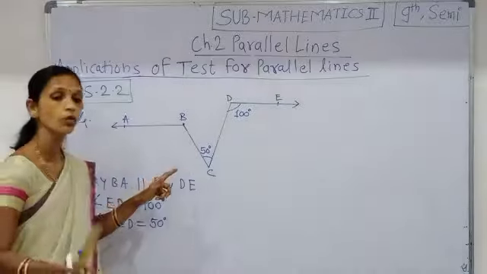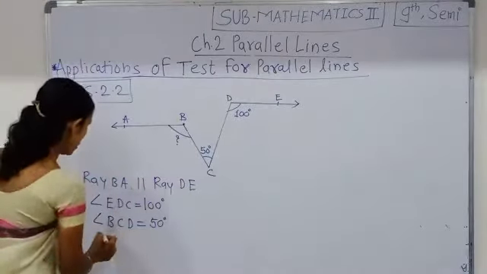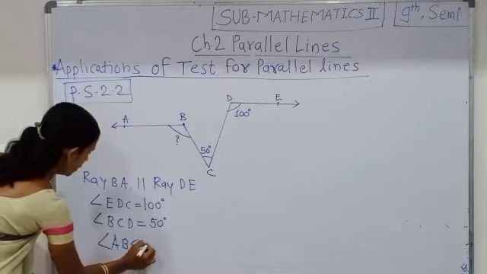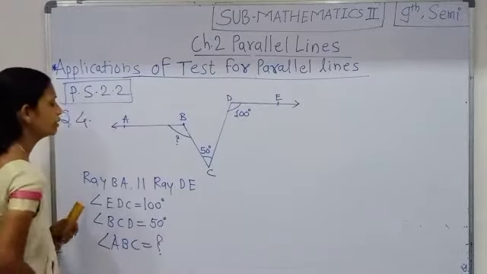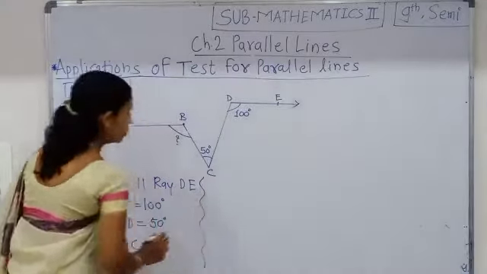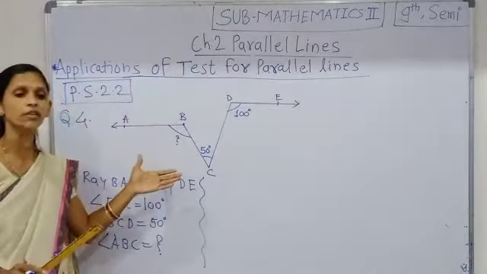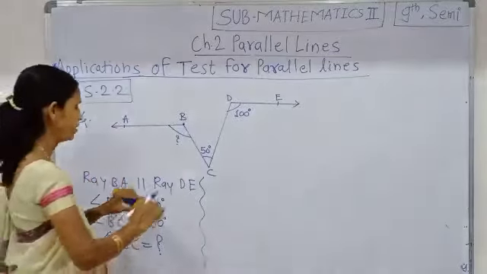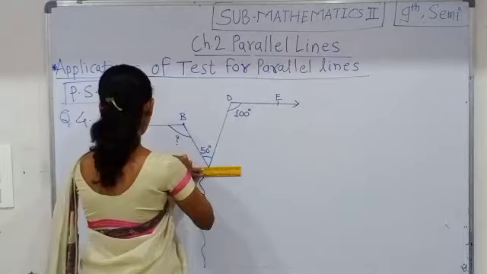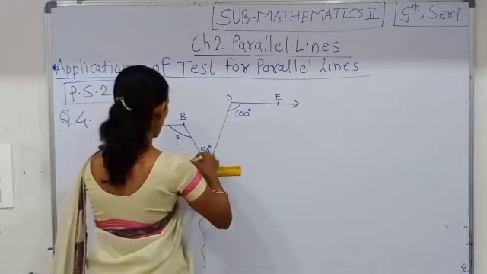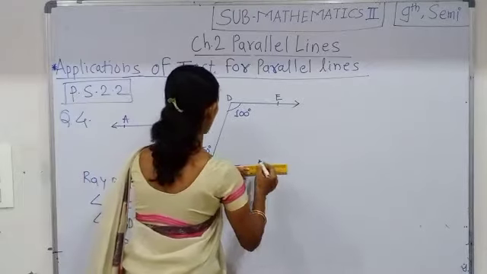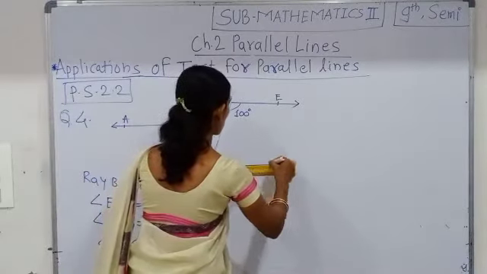Then we have to find the measurement of angle ABC. For this purpose we have to do some construction here. We have to draw a line parallel to AB passing through the point C.